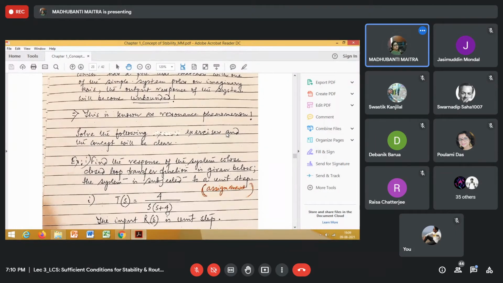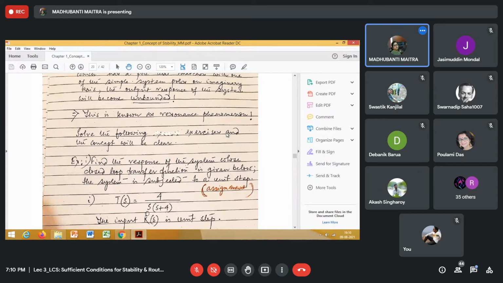But there is another closed loop pole, and that pole is lying at the origin of the S plane. That is, the second pole is on the imaginary axis, at the origin. Is it clear?